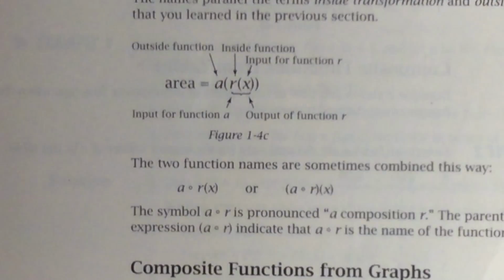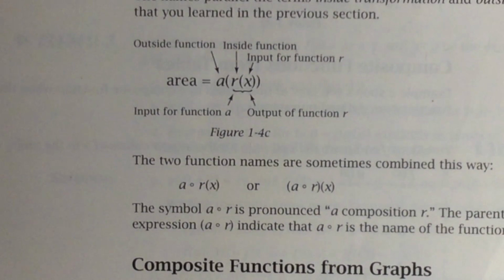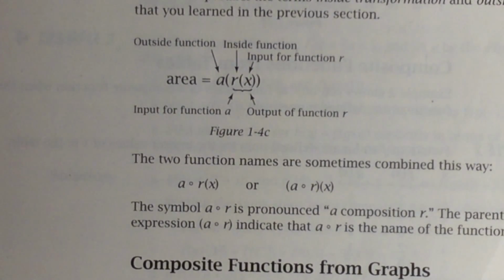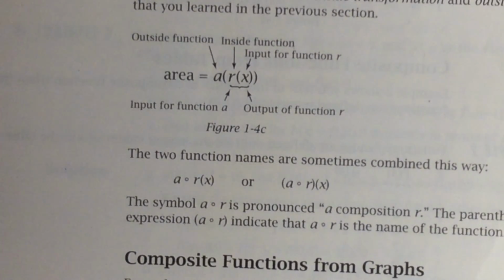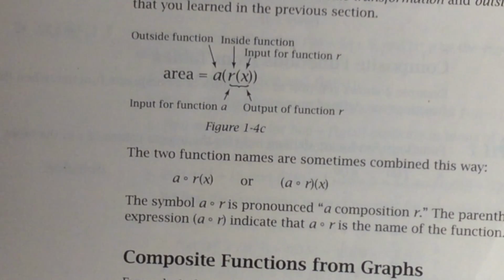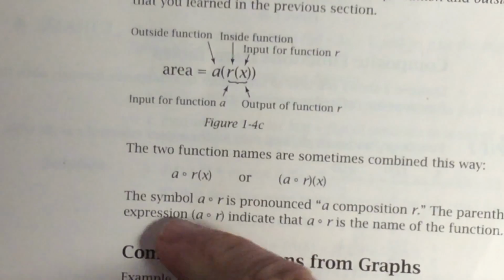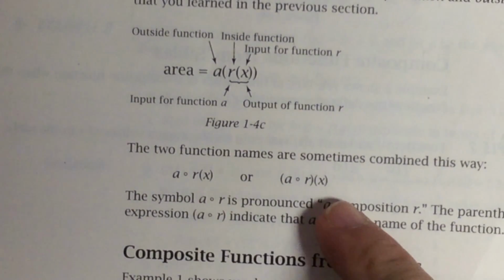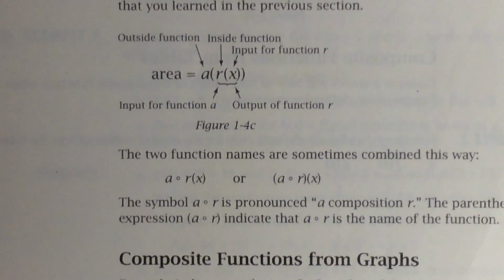Here, you have two functions, a of x and r of x. And the way this is laid out, you find r of x first and then use that as your argument for a. And you can combine them using the little circle here or here. And each one of those different notations means the same thing.